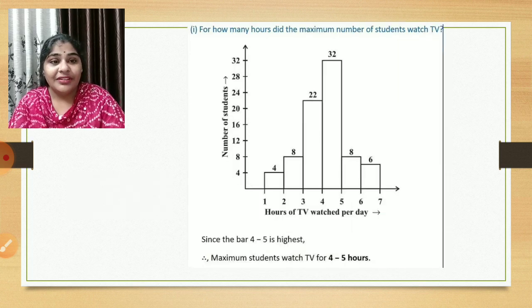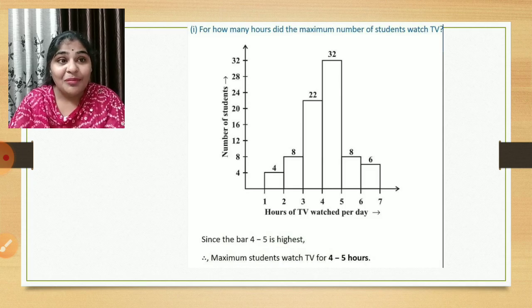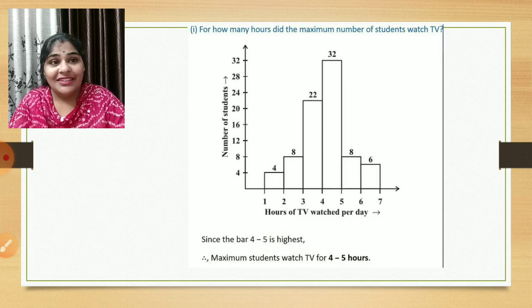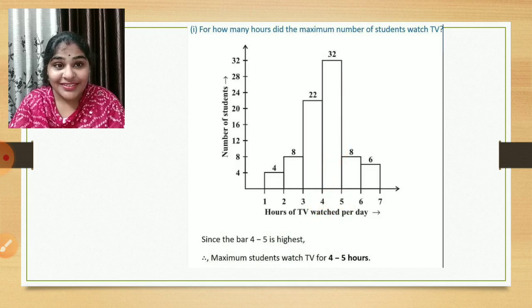Let us see what are the questions. For how many hours did the maximum number of students watch TV? Maximum number of students watch TV for how many hours? And I can see my bar, the longest one is this, where I can see 32 students, children, right? And they are watching TV for how many hours? 4 to 5 hours.